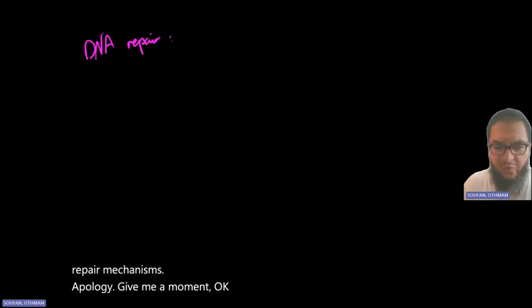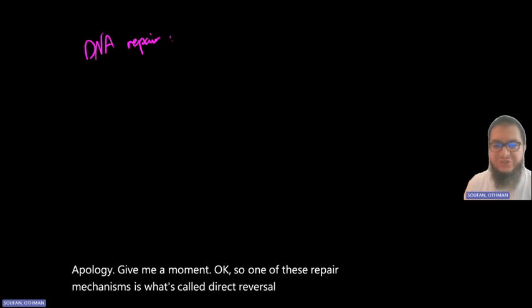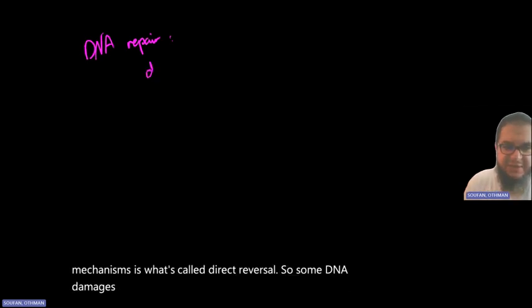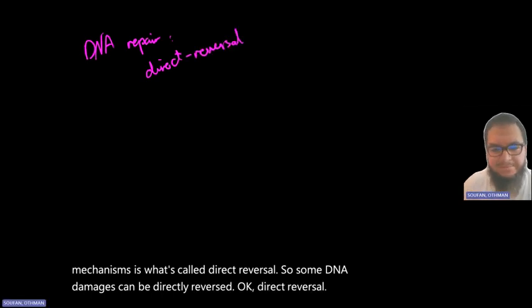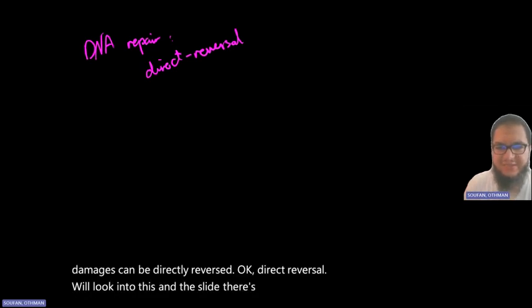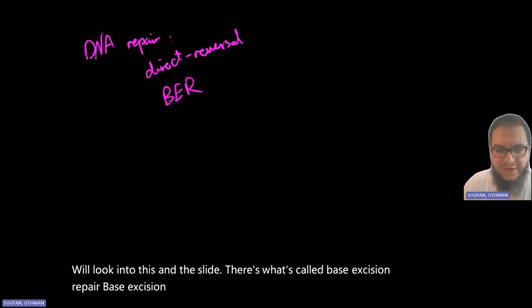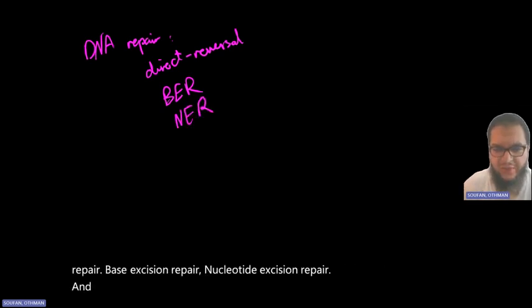Okay, so one of these repair mechanisms is what's called direct reversal. Some DNA damages can be directly reversed. We'll look into this in the slide. There's what's called base excision repair, nucleotide excision repair, and so on and so forth.